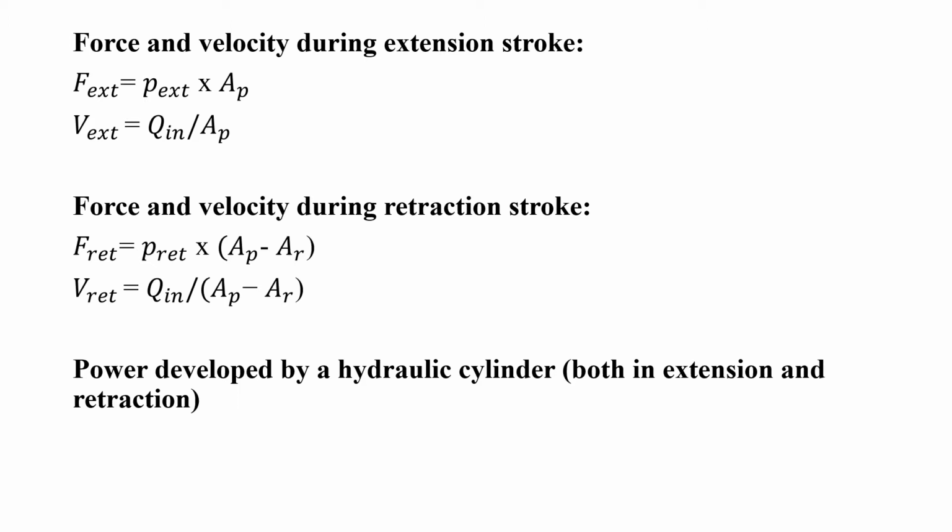Then we will go for power. Power developed by a hydraulic cylinder during extension and retraction strokes is denoted by capital P. Power equals force into velocity, F into V, for both extension and retraction strokes.